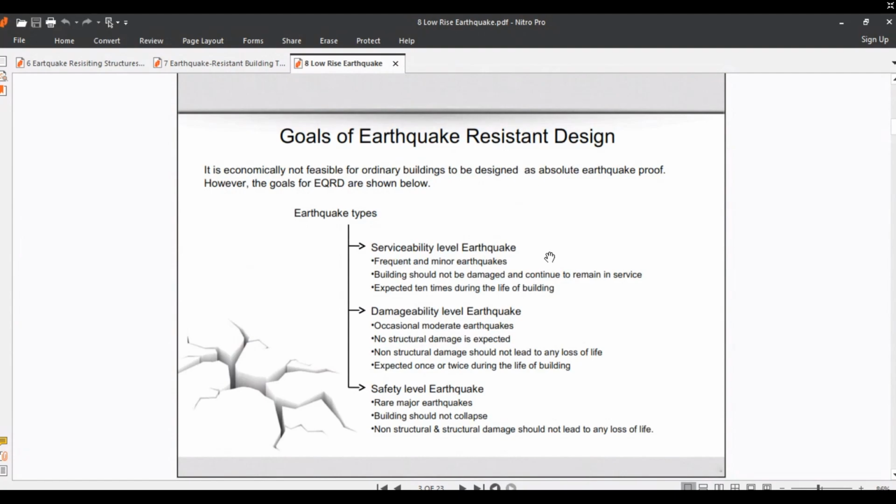You can see in this slide the earthquake types as serviceability, damageability, and safety levels, and the details and definitions of each level of each earthquake type.